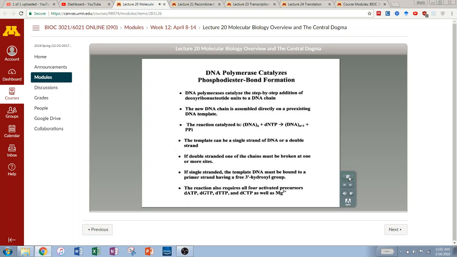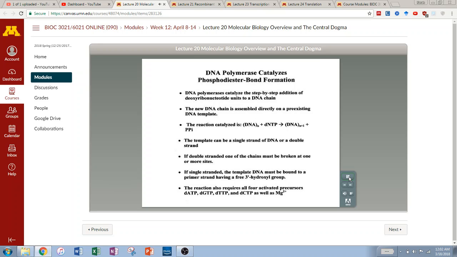DNA polymerase is an enzymatic complex that is responsible for DNA replication. DNA polymerase catalyzes phosphodiester bond formation. The DNA polymerase complex catalyzes the step-by-step addition of deoxyribonucleotide units to a DNA chain. The new DNA chain is assembled directly on a pre-existing DNA template.